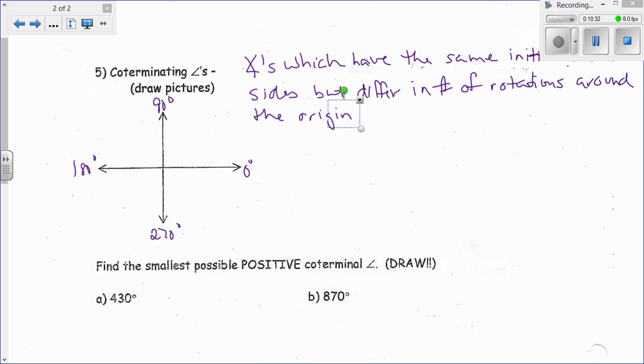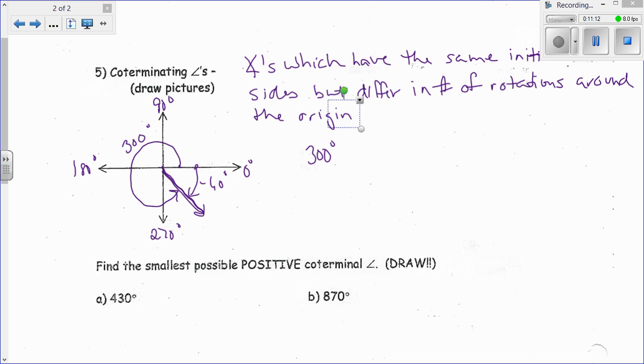If I draw an angle coming out from the origin into the fourth quadrant, if I start here at 0 degrees and I go counterclockwise and I stop there, this would be 300 degrees. If I start here and go clockwise, this would be a negative 60 degrees.